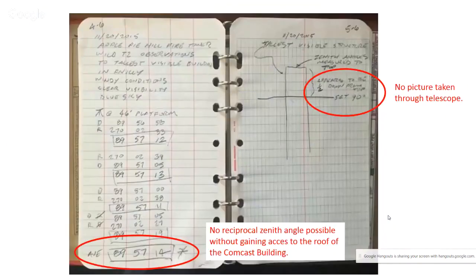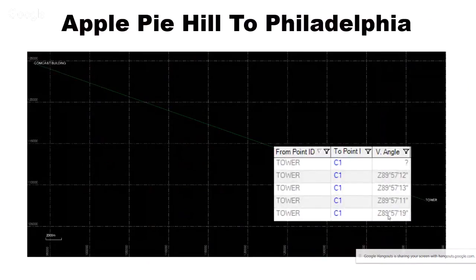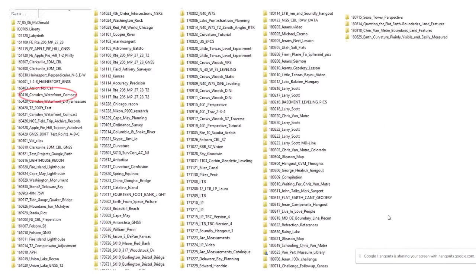So I went up there and measured zenith angles with my T2 to the top of what I didn't even know which building it was at the time, but I measured those angles and couldn't do reciprocal zenith angles, right? So I've got these measurements from the tower, but I could not go on the roof of the Comcast building to measure back. So I did the next best thing.